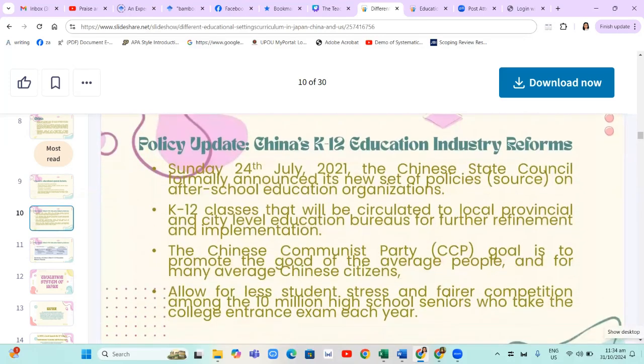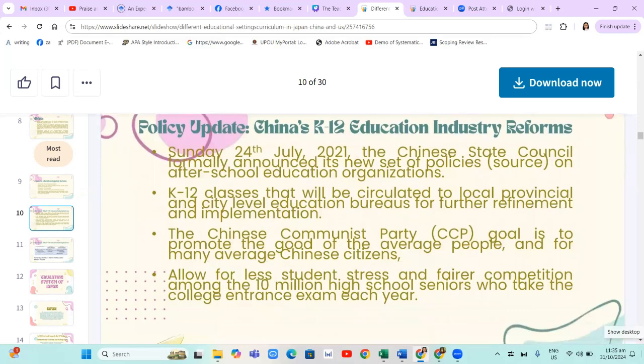For the policy update, China's K-12 education industry reforms. On July 24, 2021, the Chinese State Council formally announced its new set of policies on after-school education organizations. The K-12 policies will be circulated to local, provincial, and city-level education bureaus for further refinement and implementation.